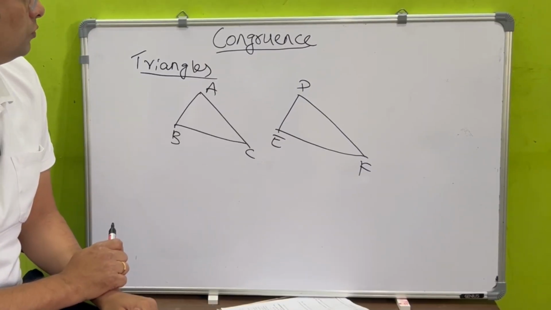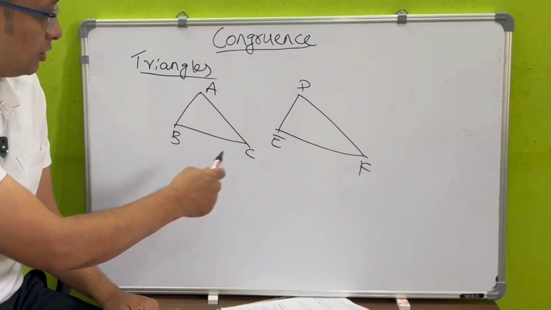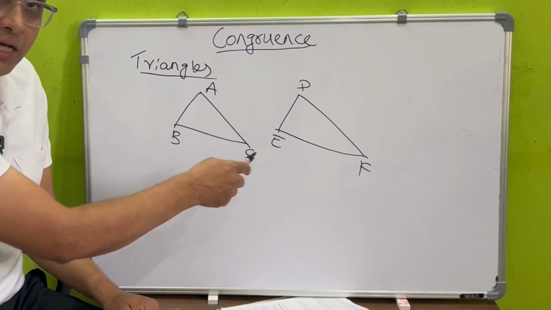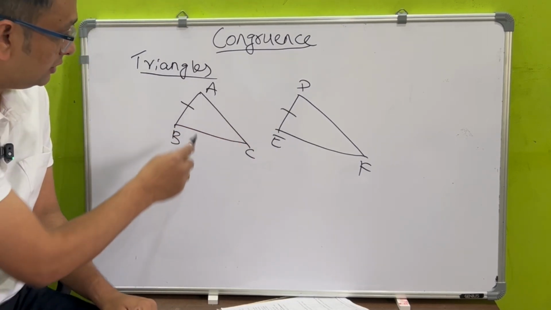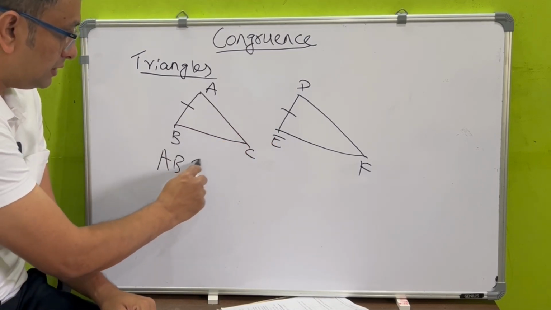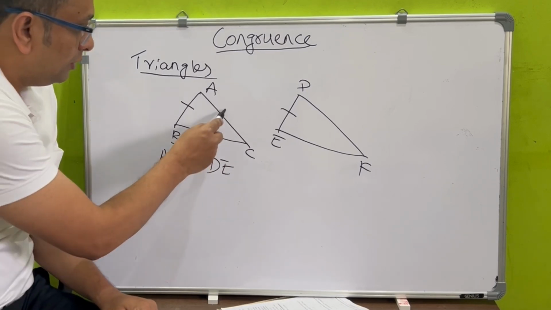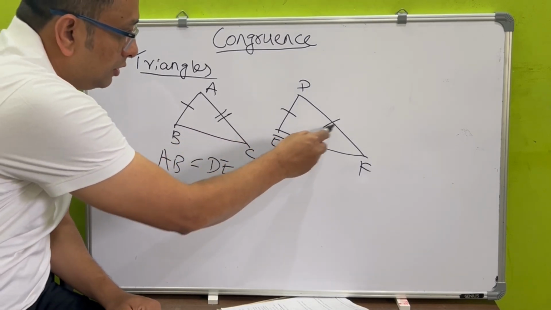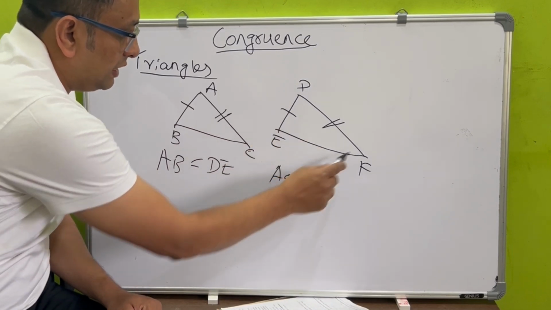Coming to congruence of triangles. Here two triangles are there, ABC and DEF. If it is given like this, single line and single line, that means both of these are equal, that means AB is equal to DE. So that is the understanding. If two lines are given, AC is equal to DF.